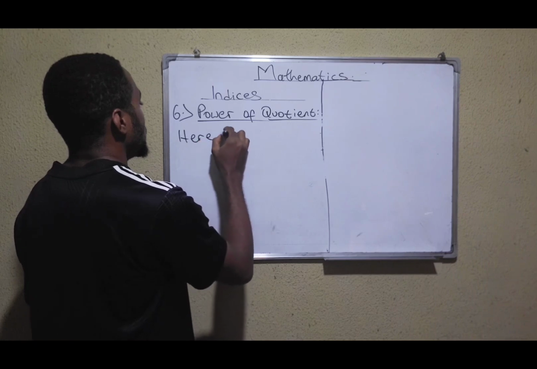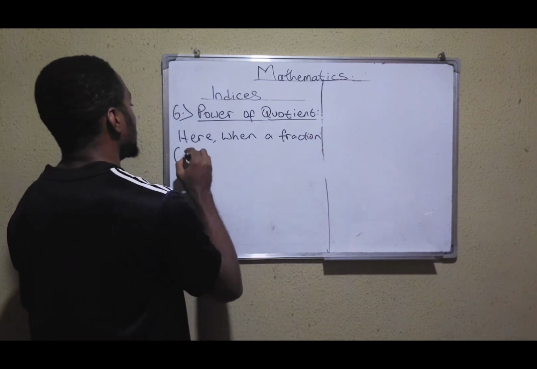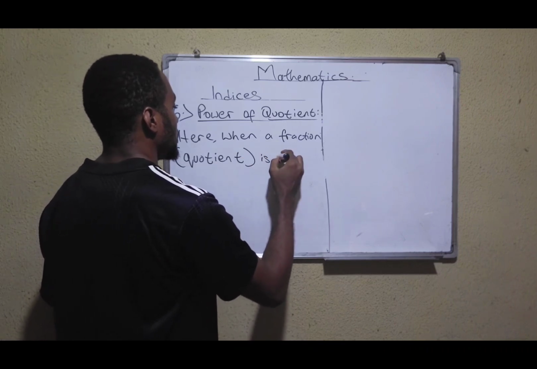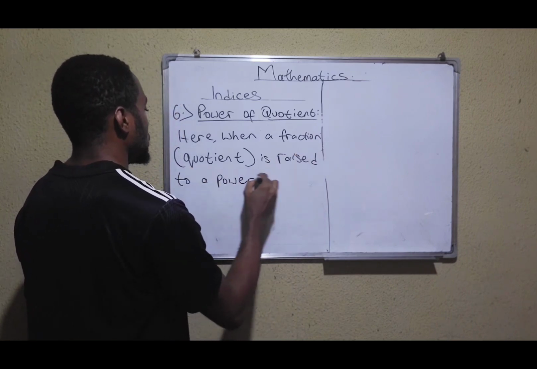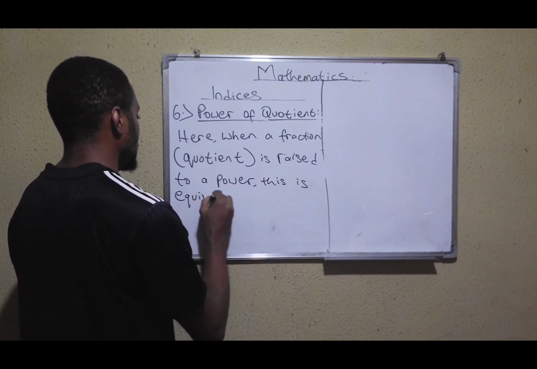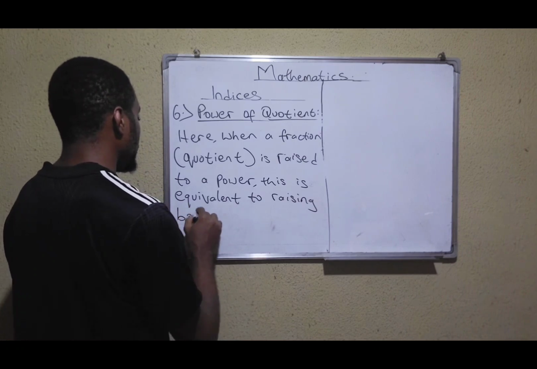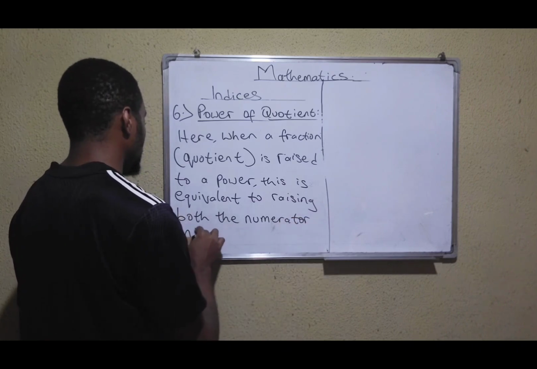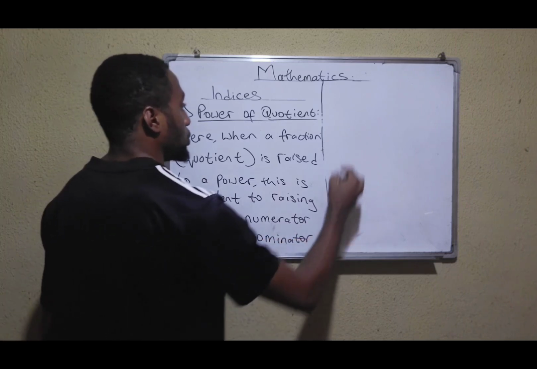Here, when a fraction, which can also be termed as a quotient, is raised to a power, this is equivalent to raising both the numerator and the denominator to the same power.